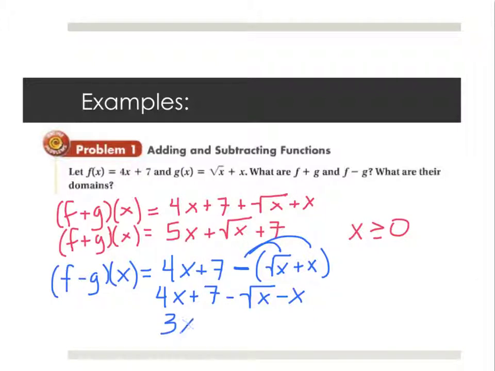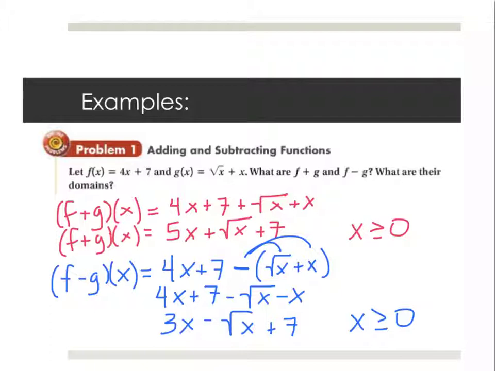So that's 3x minus square root of x plus 7. And as before, because we can't have the negative in the radical, x is greater than or equal to 0. So that's adding and subtracting two functions.